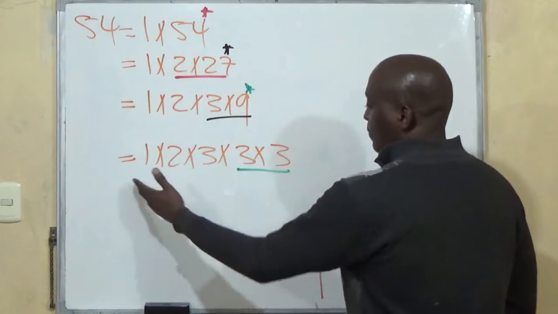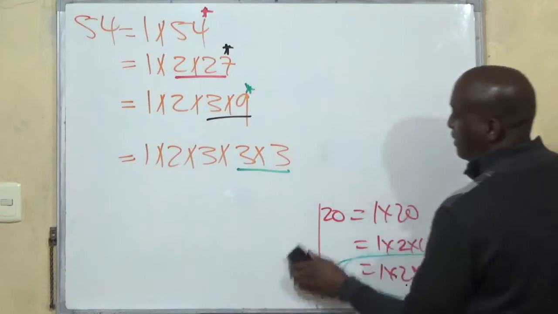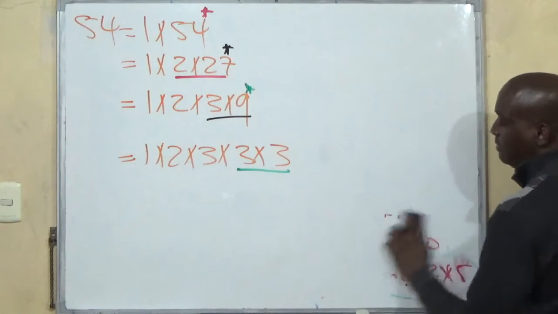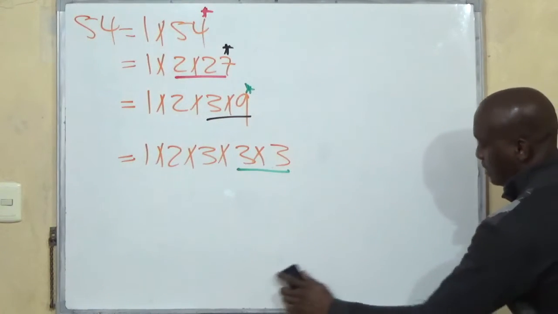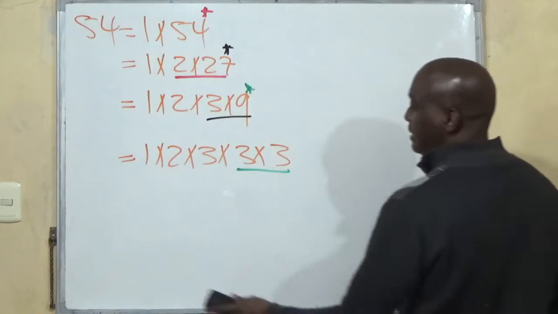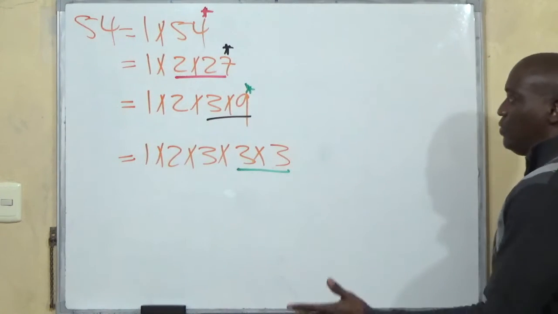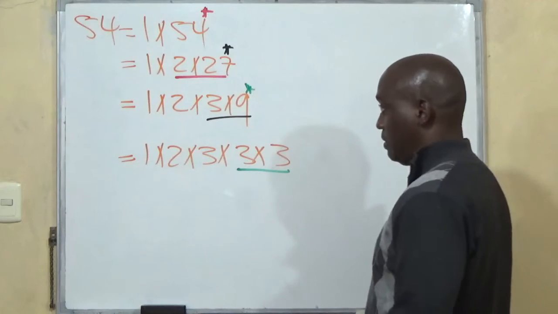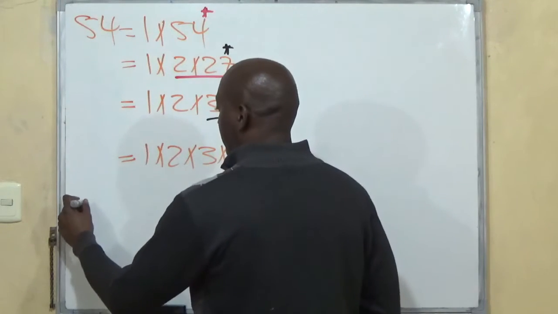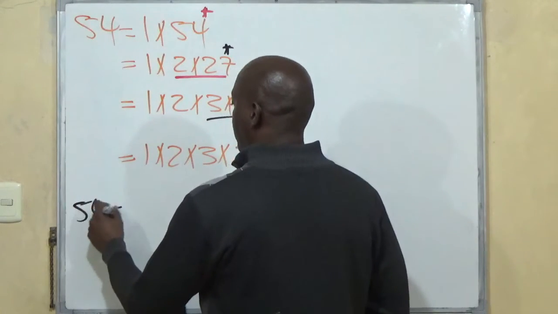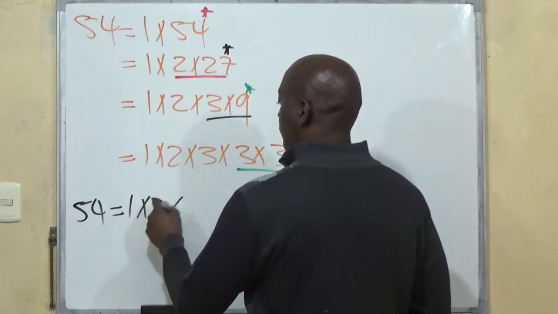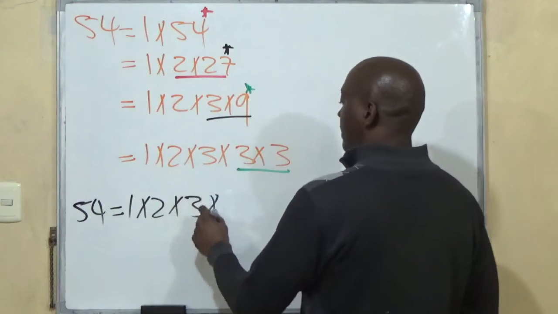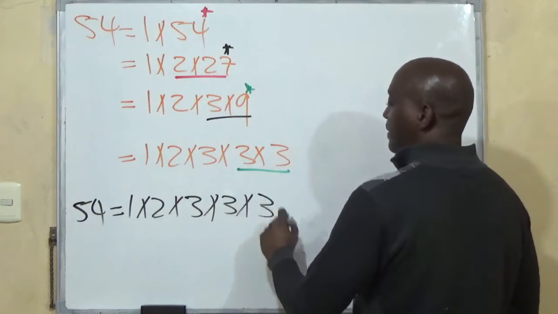So we are at a point here now where all of the numbers in the multiplication are prime numbers, so we can't really go further than that. So here 54 at the end would be 54 is equal to 1 by 2 by 3 by 3 by 3.